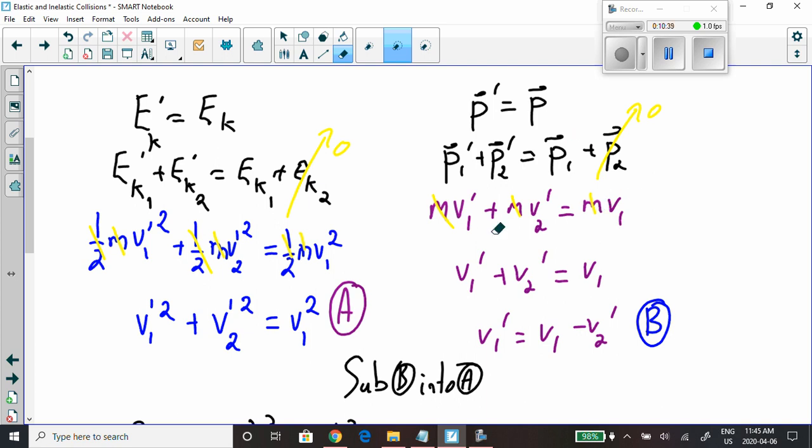Now, luckily for us, the masses all cancel out, and that gives us v1 prime plus v2 prime is equal to v1. You'll see later why I'm doing this, but I'm going to rearrange this for mathematical simplicity and say that v1 prime is equal to v1 minus v2 prime. I brought v2 prime over to the other side, and I made it negative. And I'm going to call this equation B.